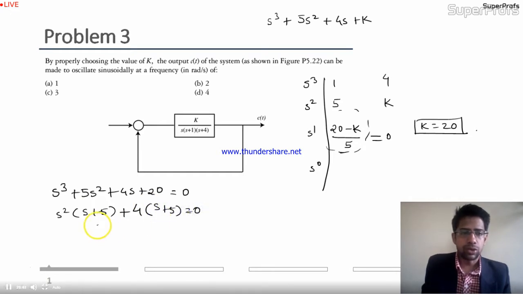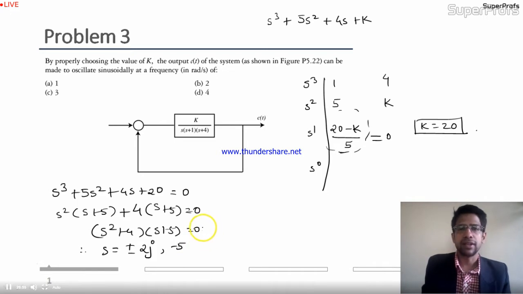So roots of this equation are, according to this factorization, plus minus 2j and minus 5. So one of the roots is on the left hand side and two roots are on the imaginary axis as we saw. So on the imaginary axis you have 2j and minus 2j.